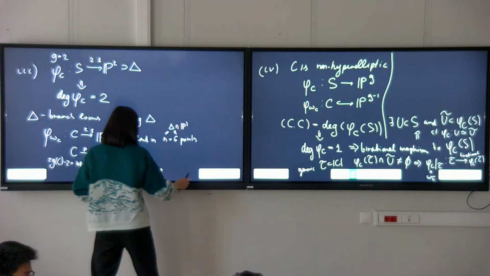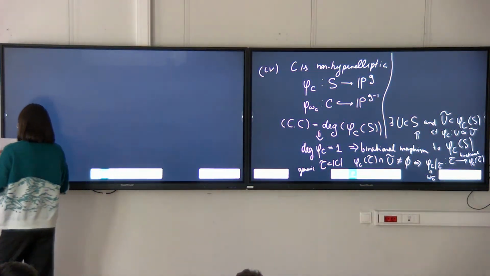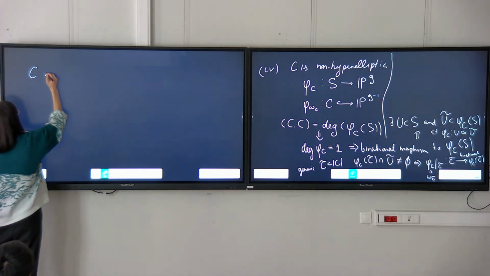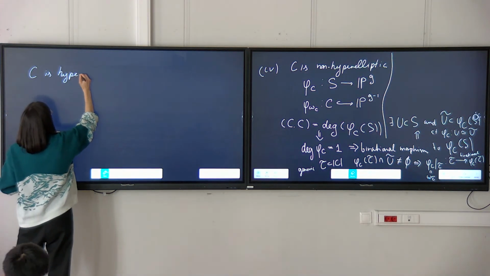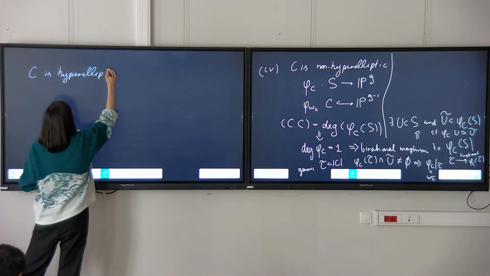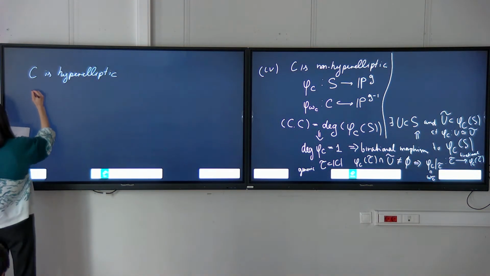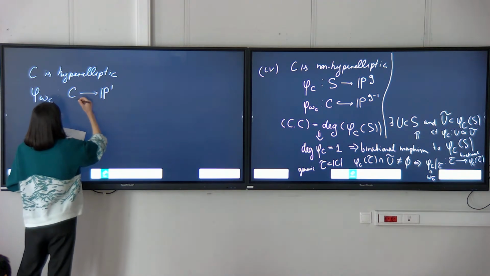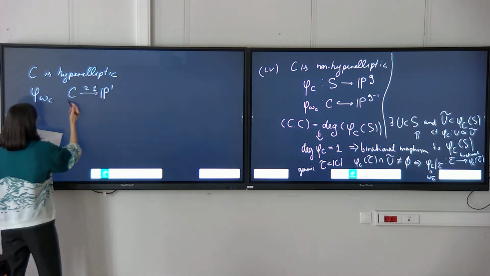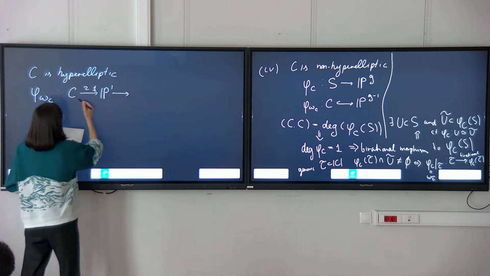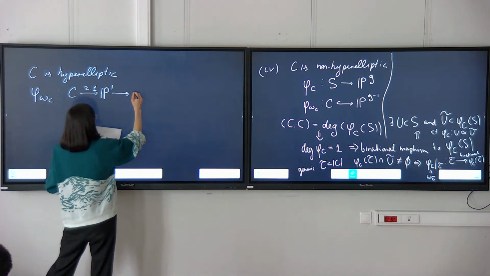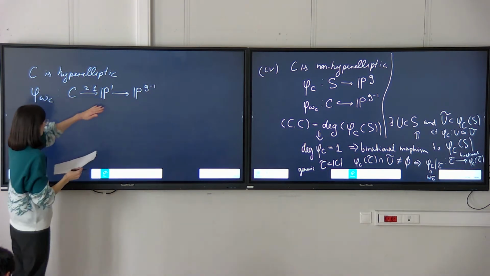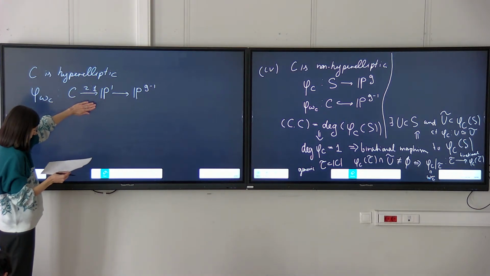Okay, and now, for C hyperelliptic. We have what? As we discussed, C by its canonical system is mapped to P1, that is a double covering, and then it's mapped to P^{g-1} by the Veronese embedding.